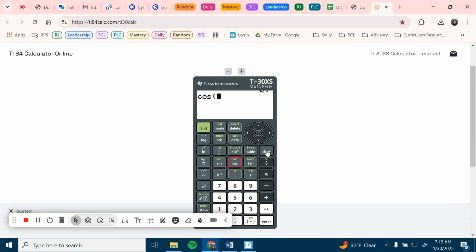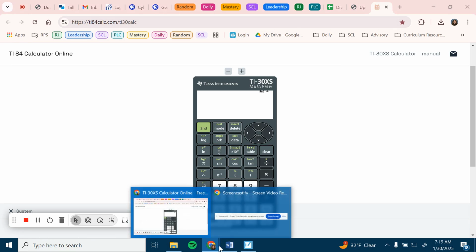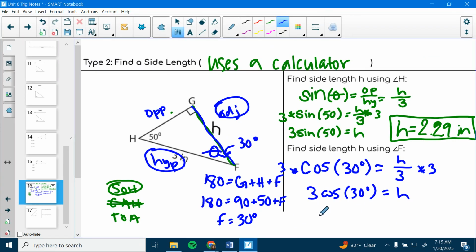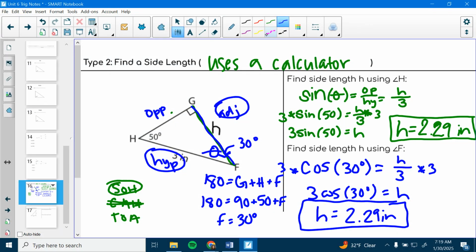Okay, type in my theta, my angle measure, type in my multiply by 3, and I get that h is equal to 2.29 inches. Well, that is lovely because that is what we got when we used a different operation.